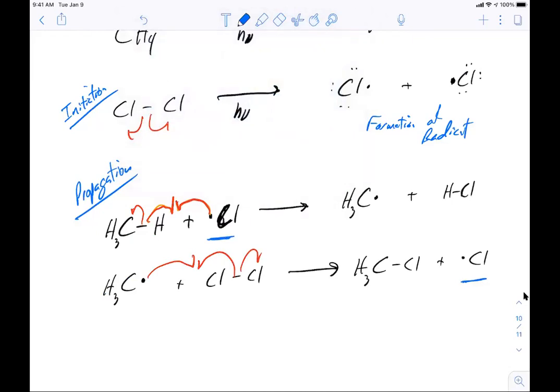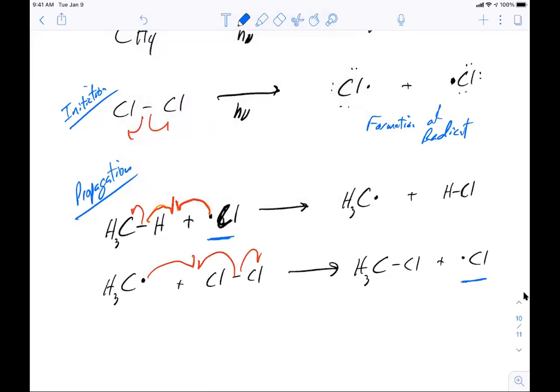So if we think about it, all we need is a little bit of initiation to occur, and then that initiation forms this somewhat chain reaction of the chlorine reacting with methane, and then the chlorine being reconstituted, right? So we have to have a stoichiometric amount of the methane and the chlorine, but really we only need a little bit of initiation to get the propagation step to occur. We're going to continue to use chlorine radicals to react with methane, but then the methyl radical is going to react with chlorine to result in a chlorine radical.